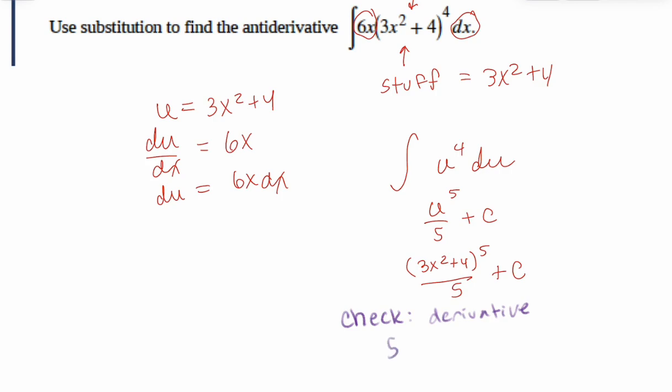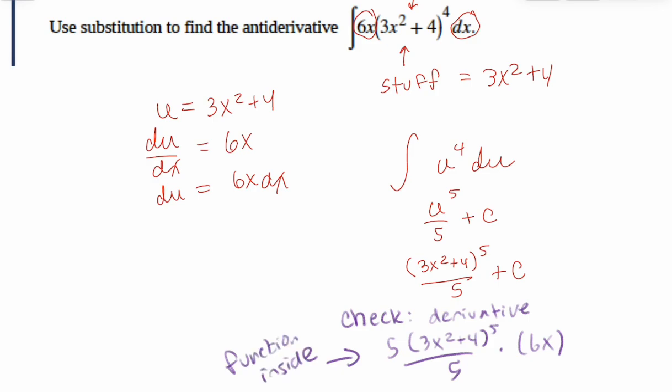Well, we would drop the 5 down in front. Stuff would stay there. We would multiply by the derivative of the inside. Is that, if we simplify it, the function that was inside of our original stuff? Well, it sure is. I'm sorry, the power goes down by 1.